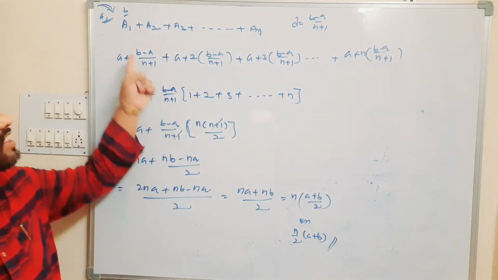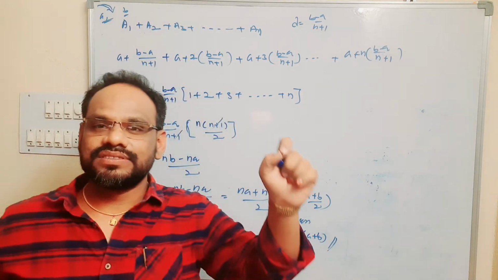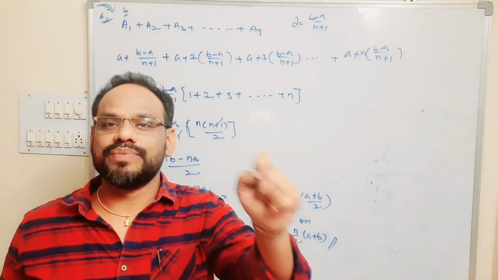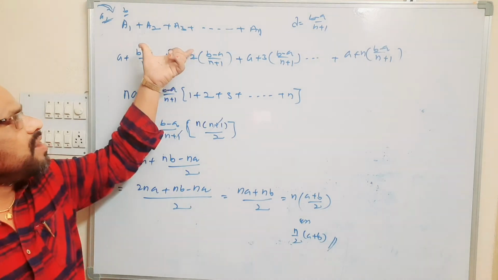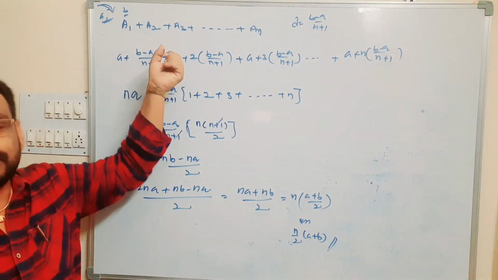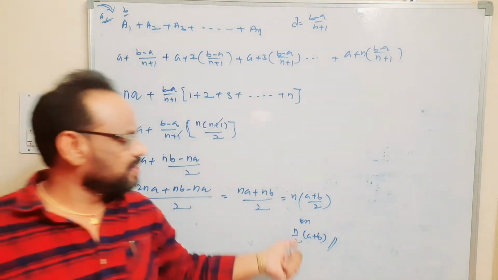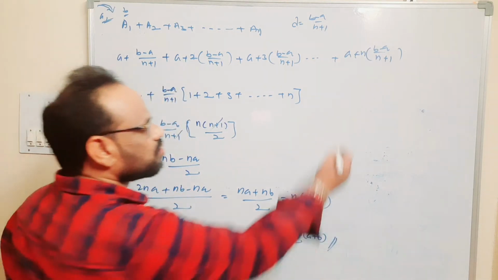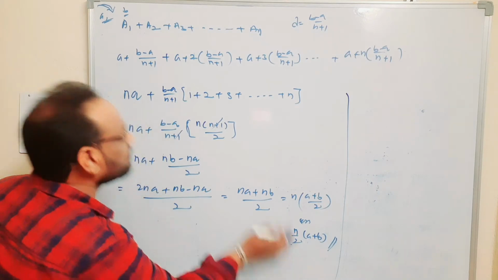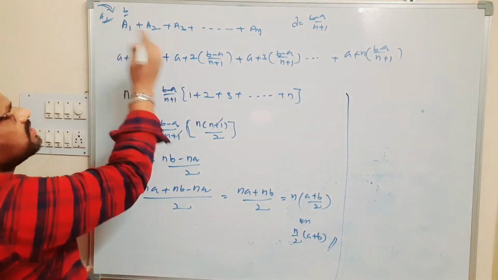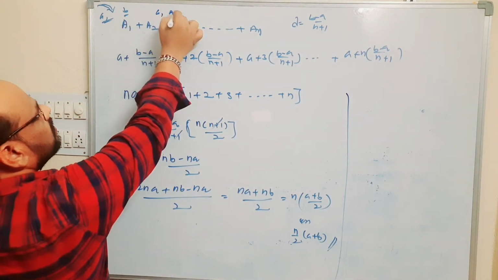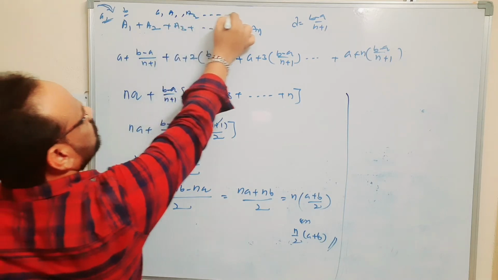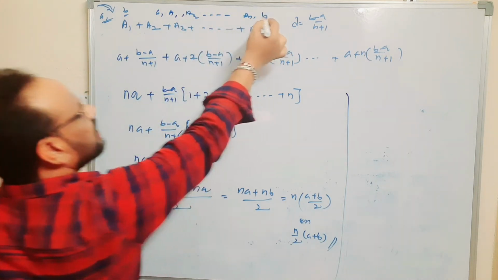If n arithmetic means are inserted between a and b, then the sum of their arithmetic means is nothing but n by 2 into (a plus b), excluding a and b. What is the sum of a, a1, a2 and so on an, b?